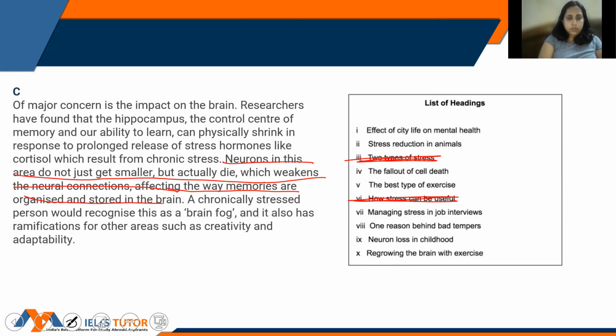A chronic stress person would recognize this as brain fog, and it also has ramifications for other areas such as creativity and adaptability. Okay. So where is this? Where is the specific word, childhood?